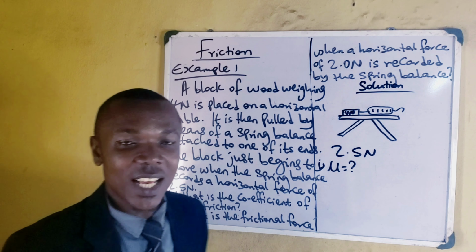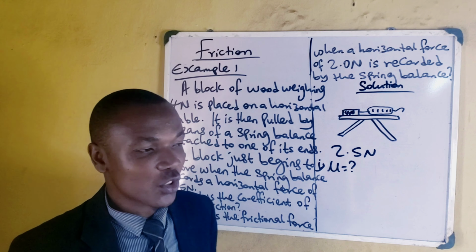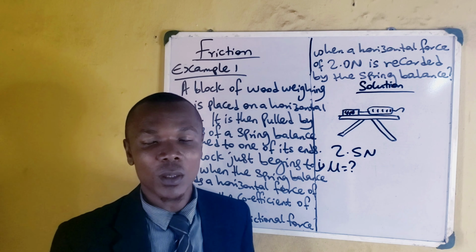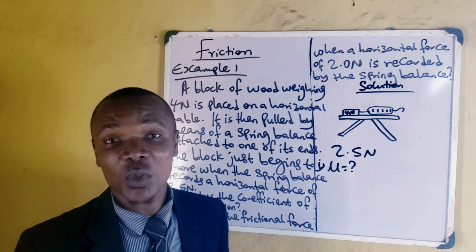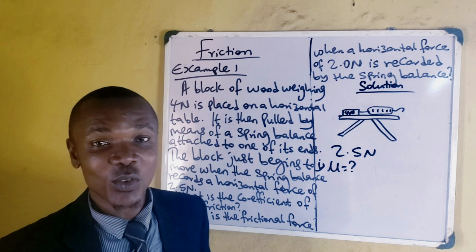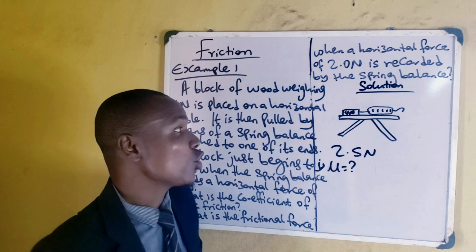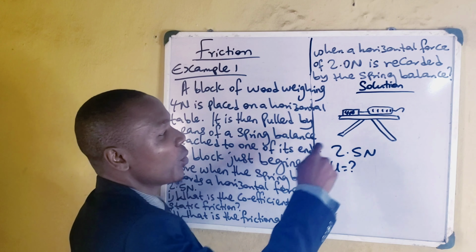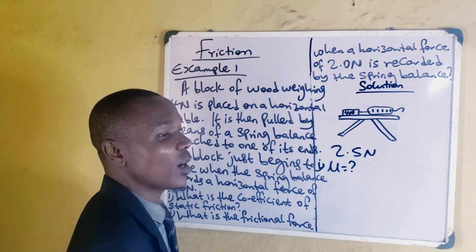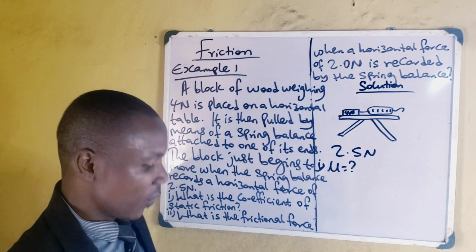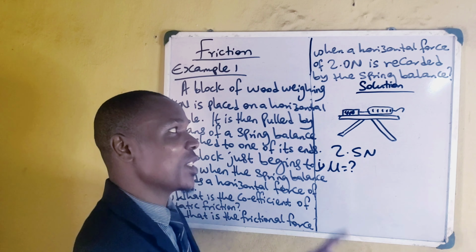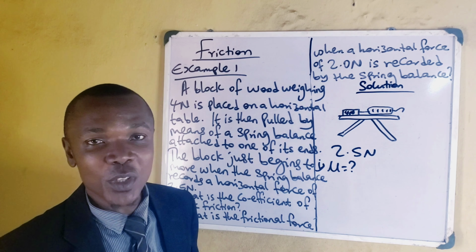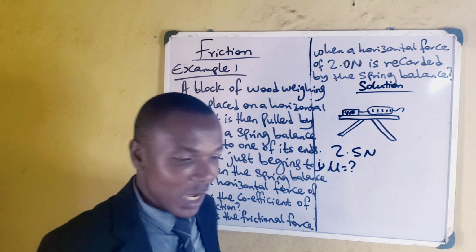All right, there was something I said: the force that you have to overcome before an object will start moving, that is what we refer to as what? Static friction. So if this spring balance will record 2.5 newtons before this object of weight 4 newtons will start moving, that means that the static friction of this object is what? 2.5 newtons.